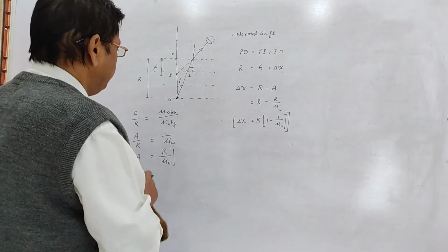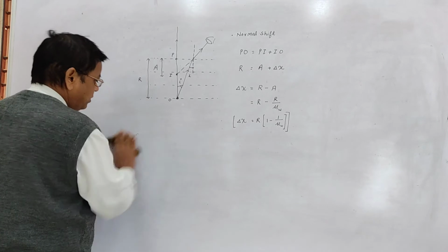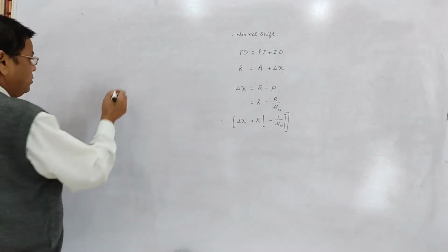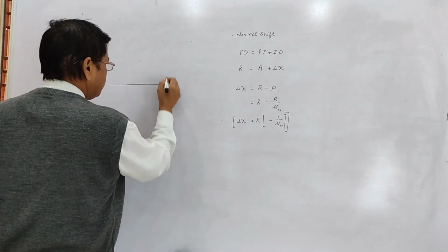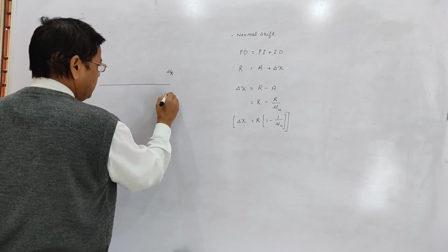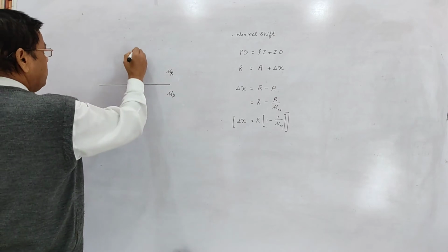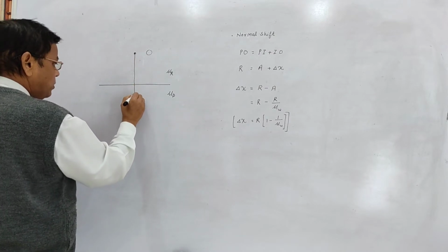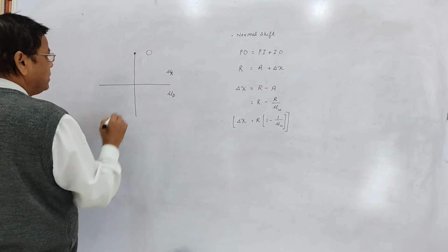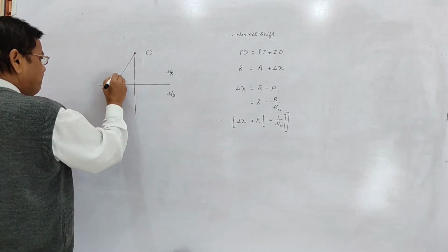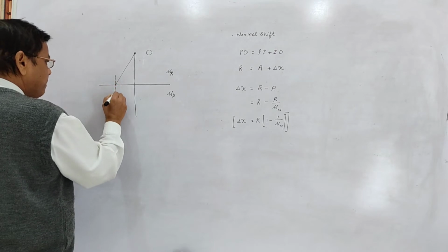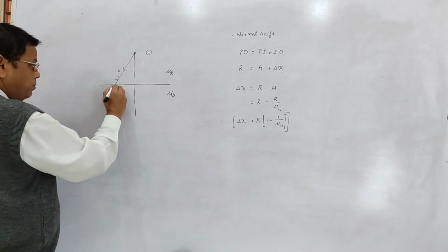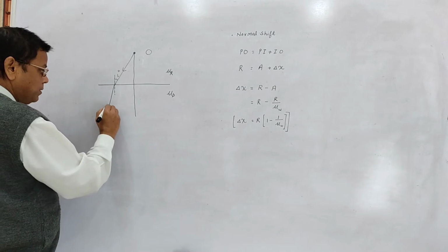Now if the object is in a rarer medium and viewed from a denser medium, then what will be the formula for normal shift? Suppose this is the rarer medium and this is the denser medium and the object is here. This is the object. The ray which is incident normally goes undeviated. Another ray is incident here. This is the angle of incidence, and as it is going into the denser medium, it will bend towards the normal. So it will be like this.